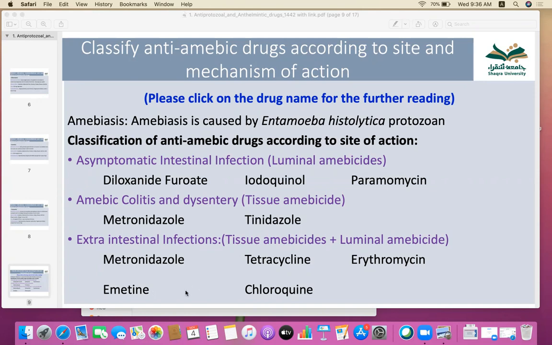Other drugs are emetine and chloroquine, and chloroquine we studied in the topic of anti-malarial drugs. So metronidazole is generally used as a tissue plus luminal amoebicide, metronidazole and his brother tinidazole, from the category of nitroimidazole derivatives.